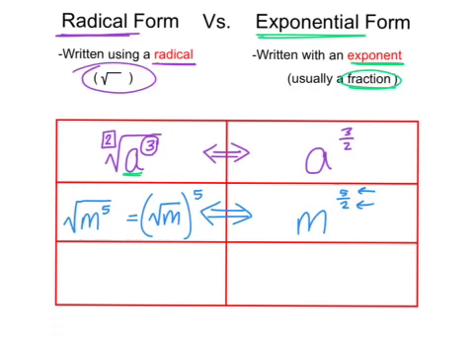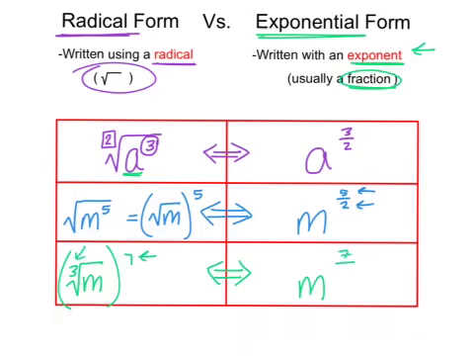Equivalent things. And now, one more. What if I gave you the cubed root of m to the 7th? Well, it's going to be an m for our base, and our exponent is the exponent over the radical index. So we're going to have 7/3.